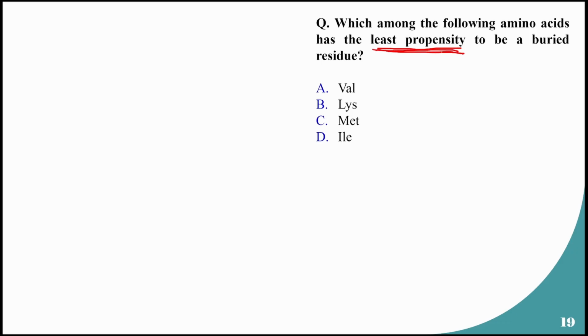Polar residue or some sort of charged residue which wants to be exposed to a solvent kind of environment, right? And among all of these, we know that lysine is the one that is charged residue here, right? So that would have the least propensity to be a buried residue. That should be more prominent in a surface type of position where it is more accessible to water.